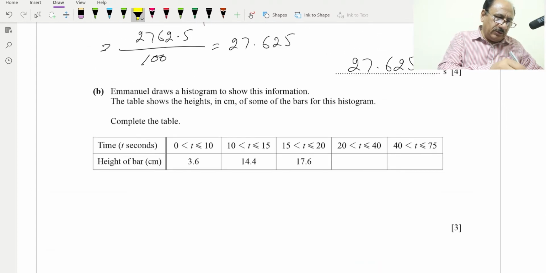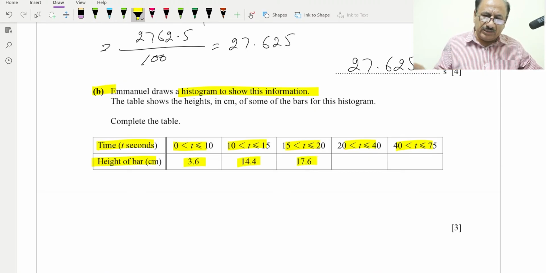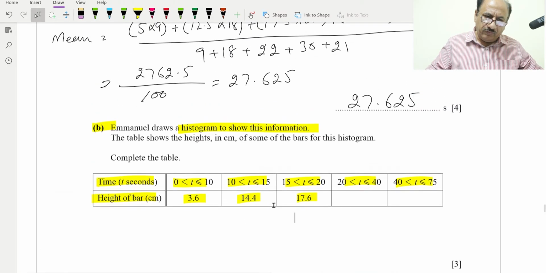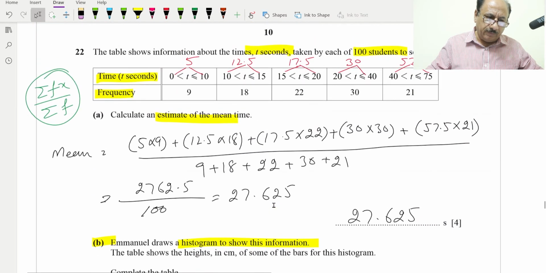Now part B, histogram, basically we have to draw for this one. A table is provided with time and height, and these are the ranges, and these values are provided, and there are two blanks for which we have to find the height of the histogram. So we will be using this one.